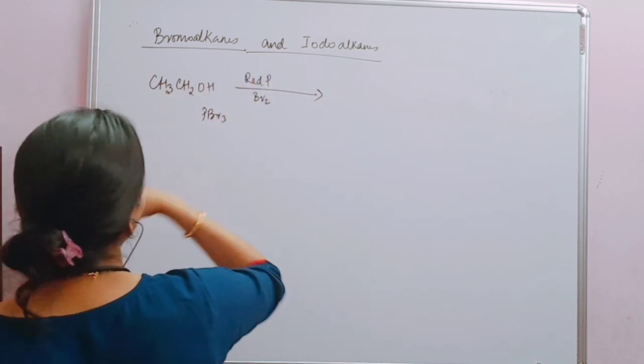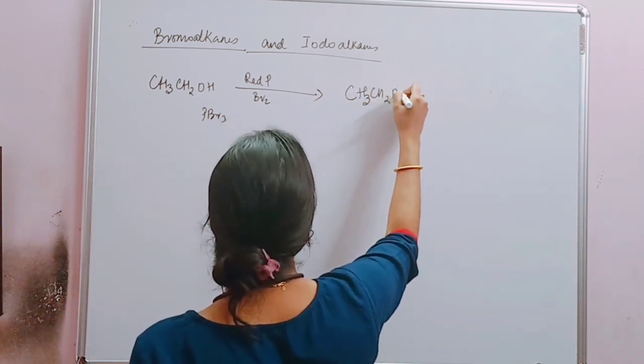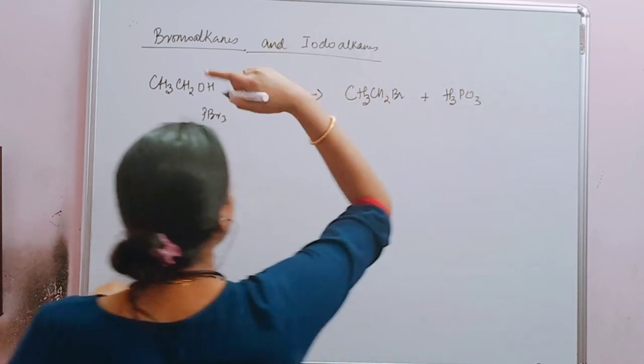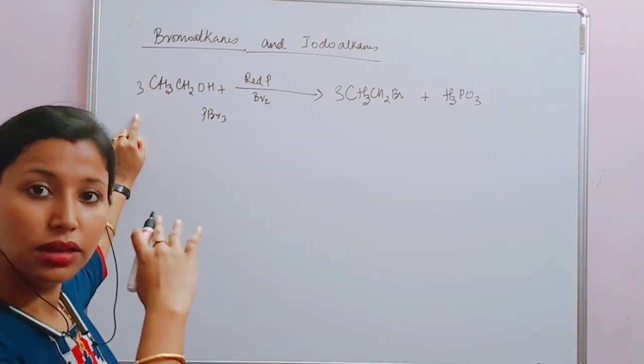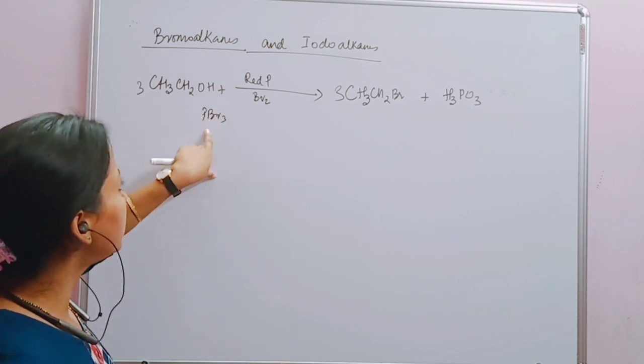So your products will be CH3CH2Br plus H3PO3, following the same rule as PCl3. If this one is given, no need to write this.